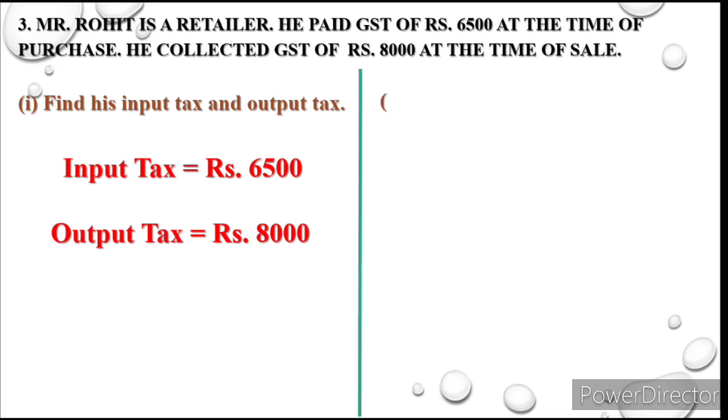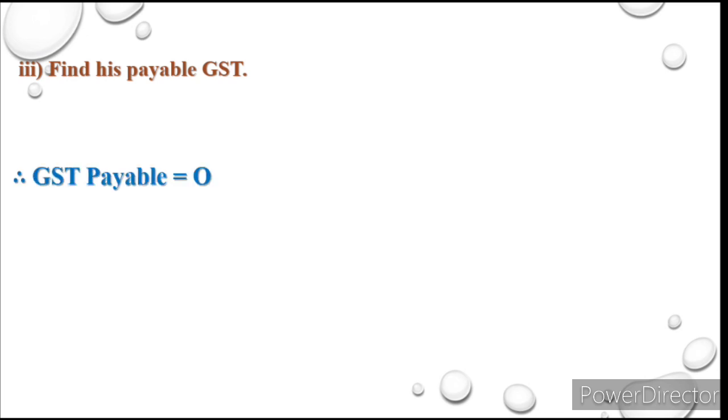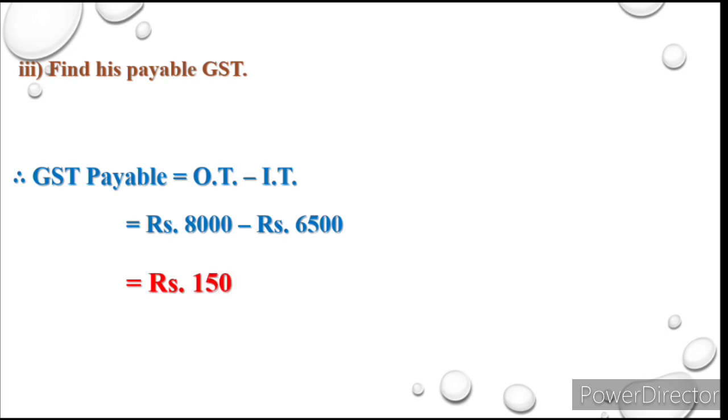Next question is, what is his input tax credit? Input tax credit is the tax which he paid. So it will be 6500. Now the third question is, find his GST payable. You know the formula, it is output tax minus input tax. 8000 minus 6,500, you will get rupees 1,500 as his GST payable.